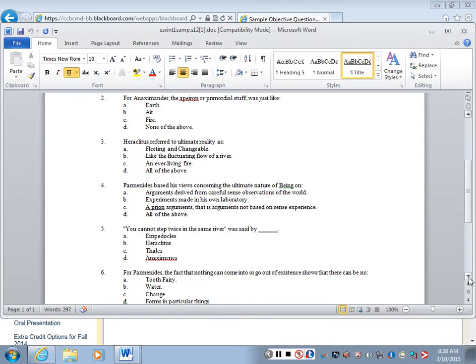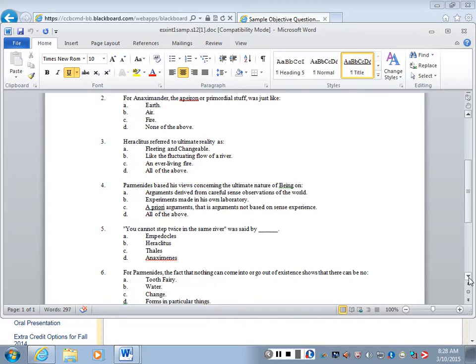His abstract argument is designed to show, just by reasoning alone, that being doesn't come into existence or go out of existence, and it doesn't change in that respect. So here, the correct answer to 4 would be C.